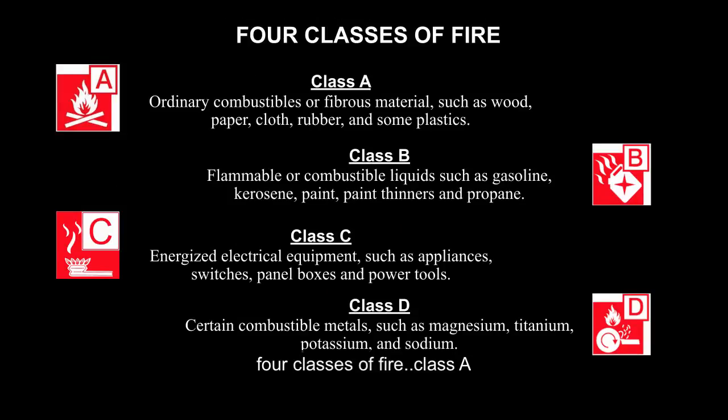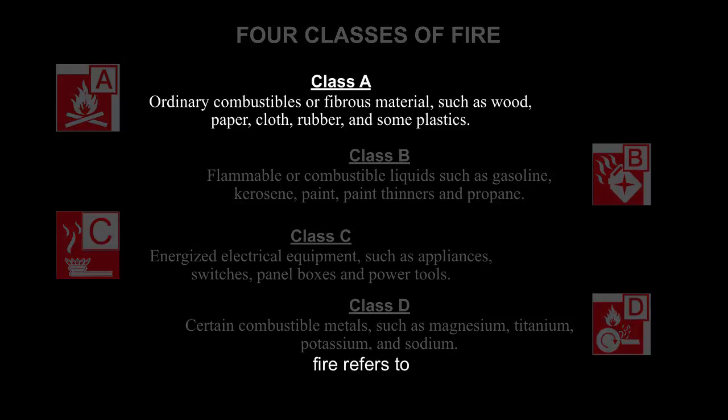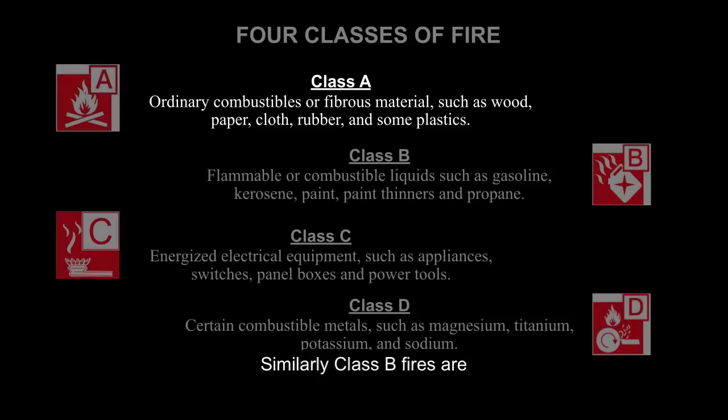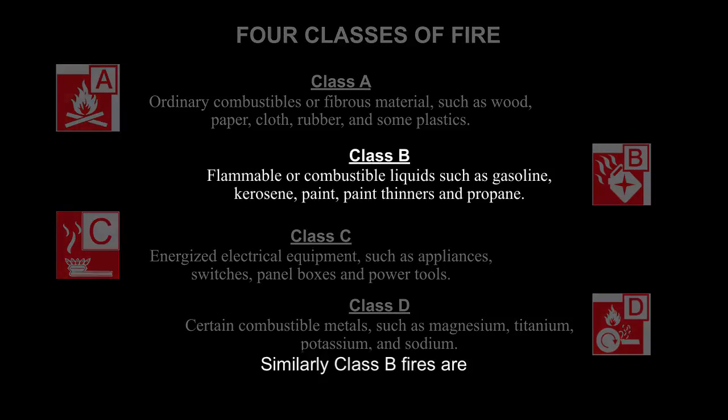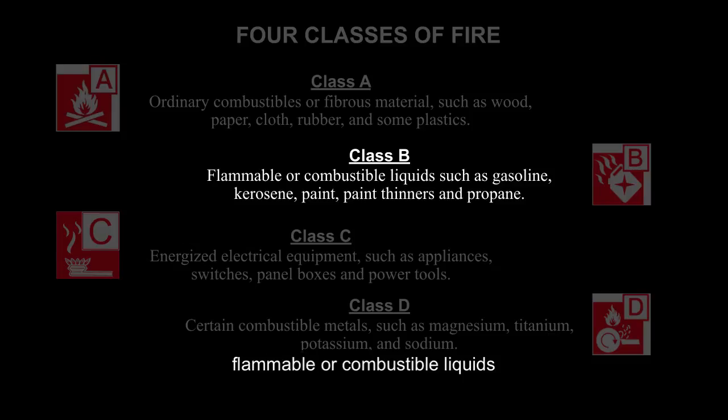Roughly, there are four classes of fire. Class A fires refer to ordinary combustibles or fibrous material such as wood, paper, cloth, rubber, and some plastics. Similarly, Class B fires are flammable or combustible liquids.